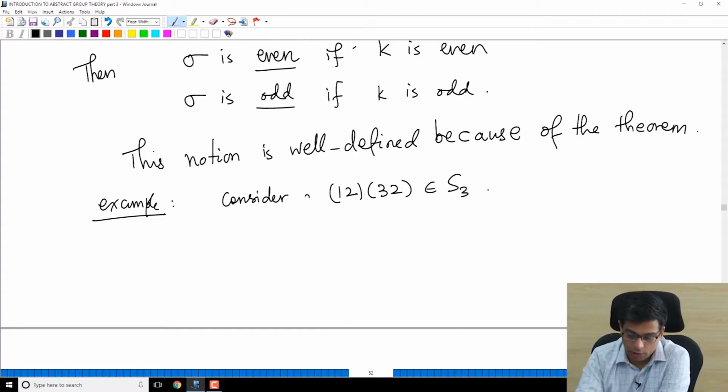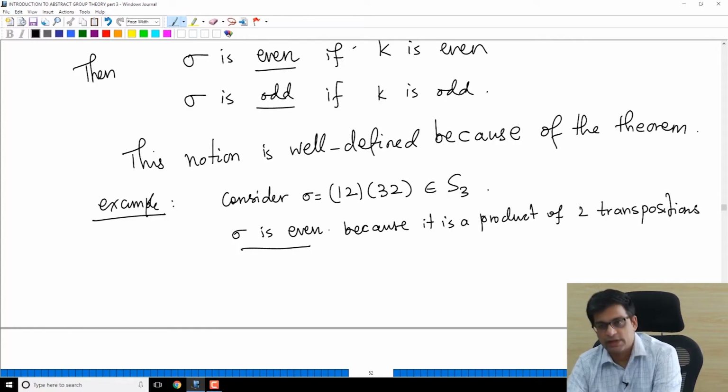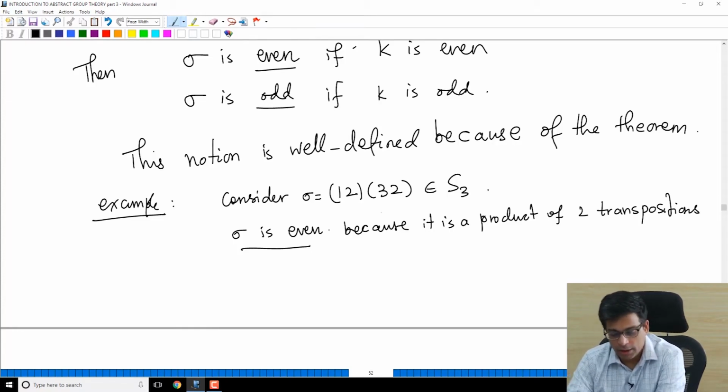You can immediately conclude that sigma is even because it is a product of two transpositions, right? As we said in the theorem, it is possible that it is also a product of some other number of transpositions, but they must also be even in number.